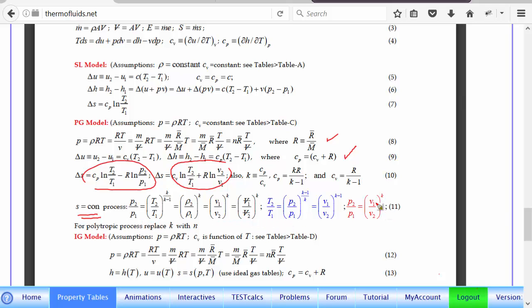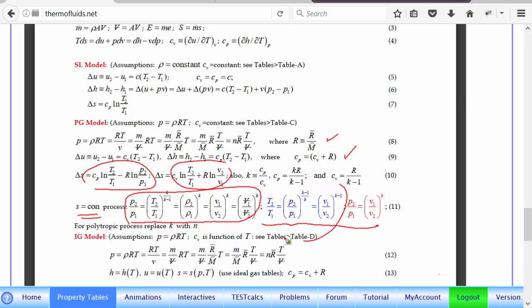Suppose we know the volume ratio, you can find pressure ratio. Suppose we know the temperature ratio, we can find volume ratio. So in other words, all of these equations are connecting different variables. Pressure ratio is here connected to temperature ratio, density ratio. So any of these equations can be used.